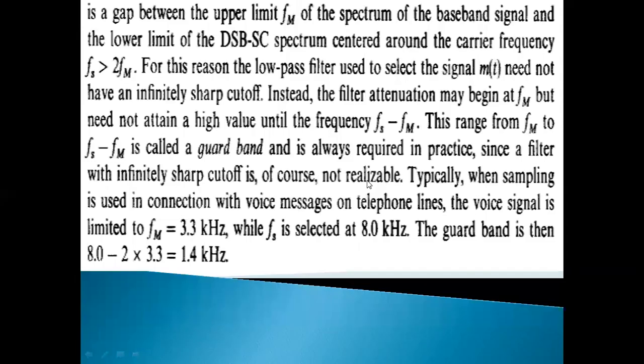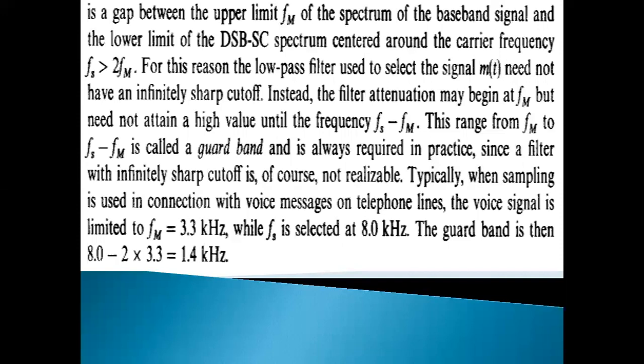Now, there is a gap between the upper limit Fm of the spectrum of the baseband signal and the lower limit of the DSBSC spectrum centered around the carrier frequency, when Fs is greater than 2Fm. For this reason, the low pass filter used to select the signal m(t) need not have a sharp cutoff frequency, because Fs is greater than 2Fm.